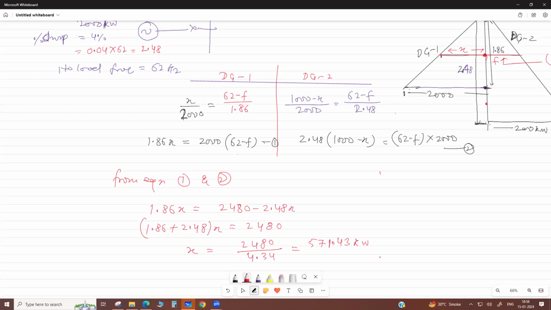This is the load on DG1. And the load on DG2 equals 1000 minus the x value, 571.43.